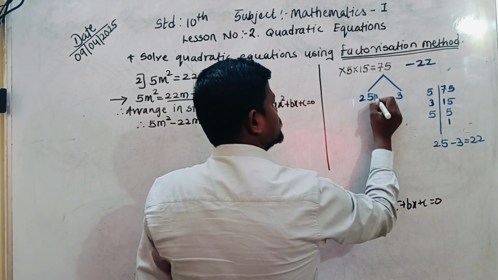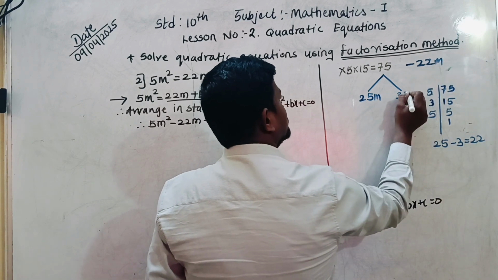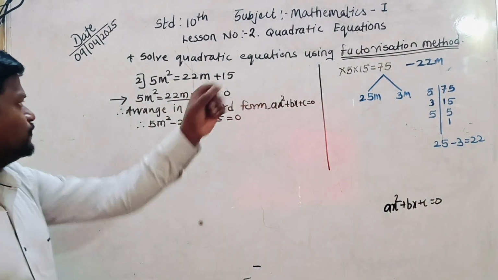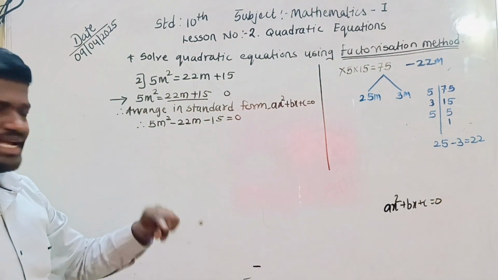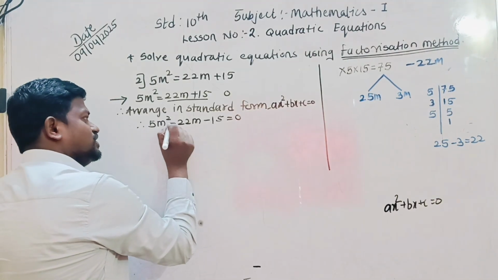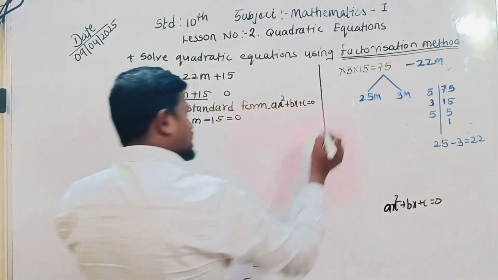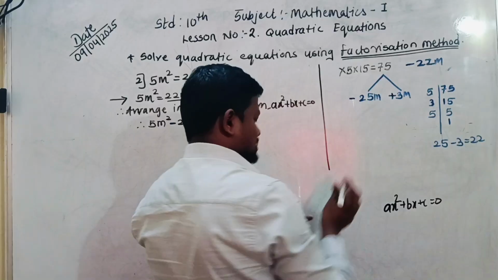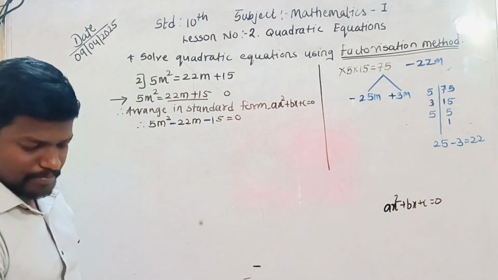And we have m, so write down m here. For the new signs we check here minus, so we write down minus and plus signs as I told you earlier.